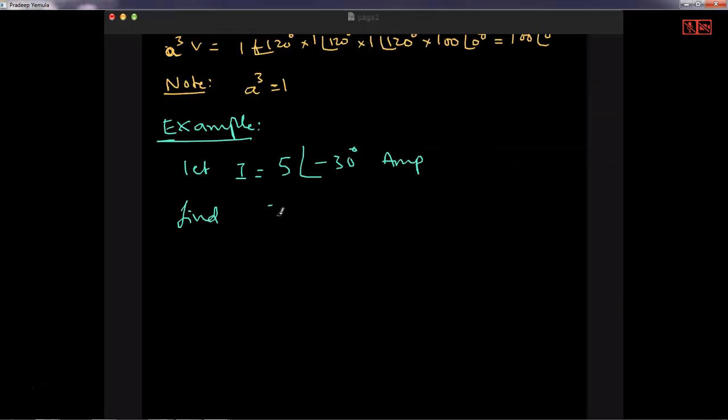Find A into I, minus A into I. So these two things I want to find out. Or A square into I. So, can you try this?